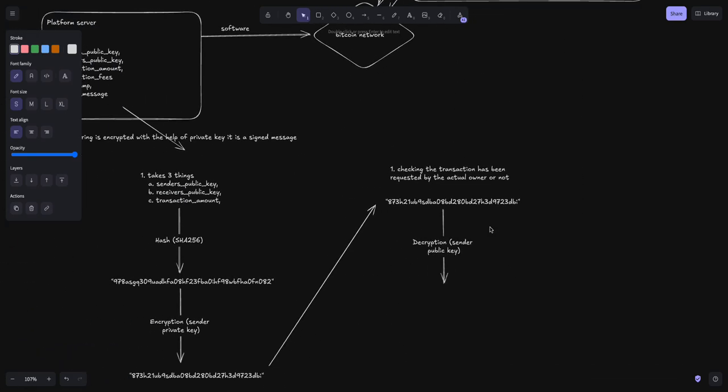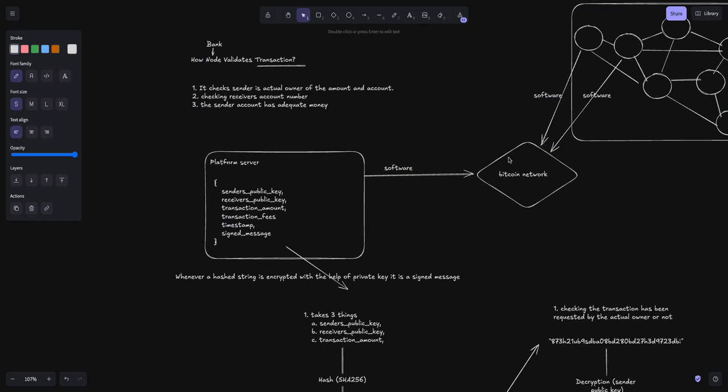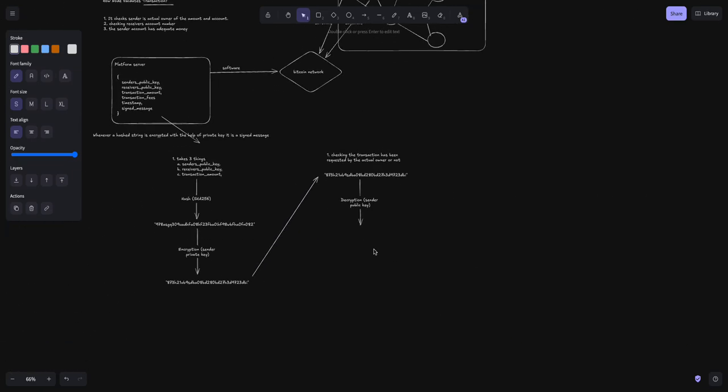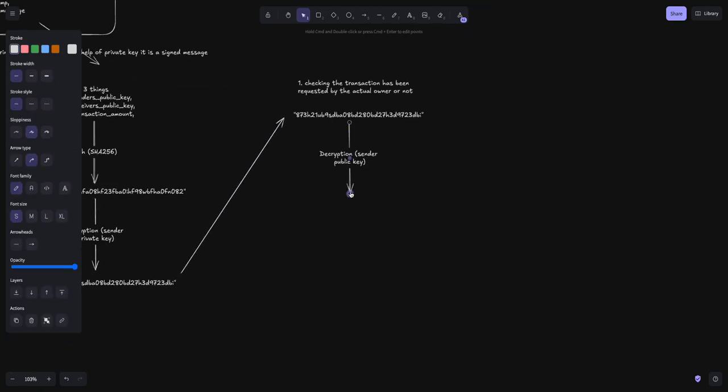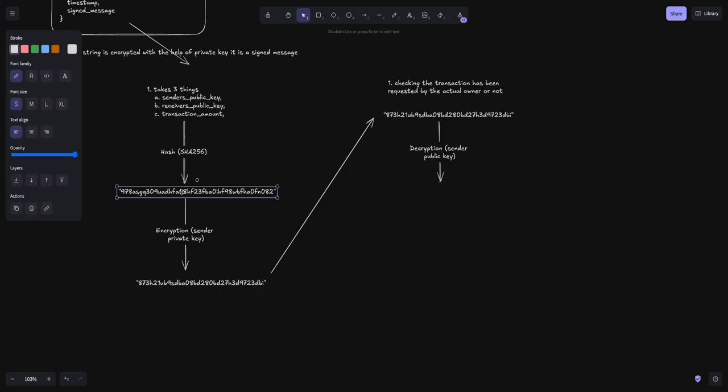The node has the sender's public key. How does it have it? Because this was sent to the Bitcoin network from the platform. It uses this. When we do reverse engineering of this process, what will we get? We will get this, correct?